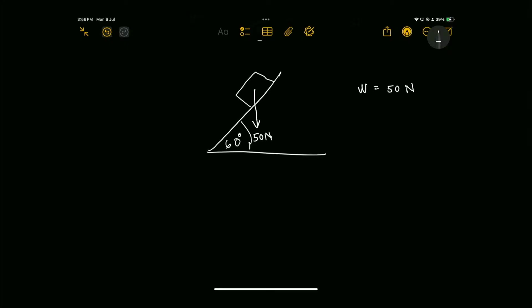Now there is the normal force acting on this box, right? Remember, the normal force acts perpendicular to the surface of contact between the two objects, right? So the normal force is the force that pushes upwards from the table. So that normal force acts in this direction like this.